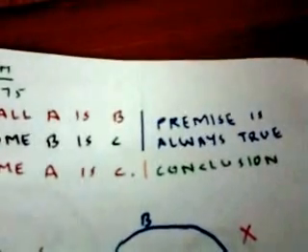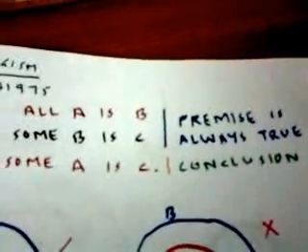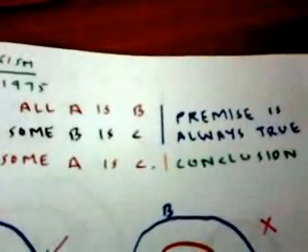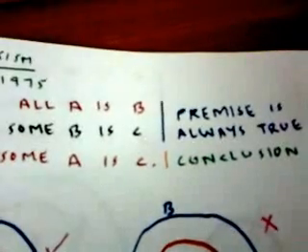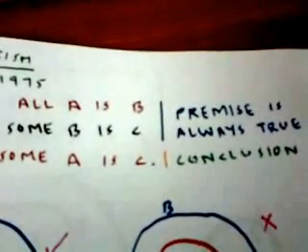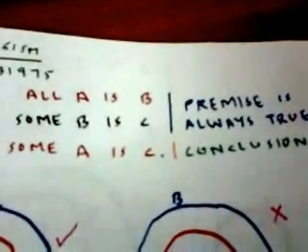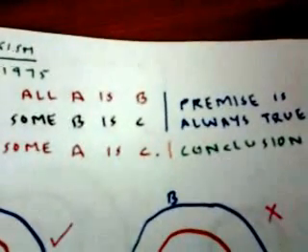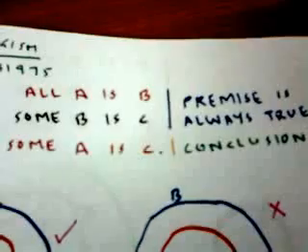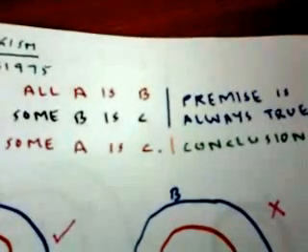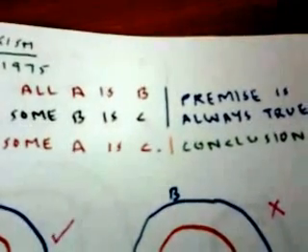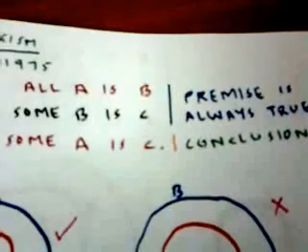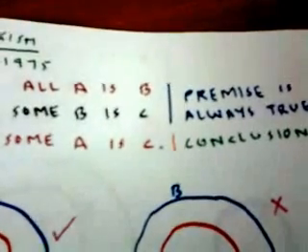So if we say all cats are dogs, we know it is not true, but for the purpose of syllogism, we have to consider it as true. Now based on the first two statements, we have to check whether the third statement, which is the conclusion, is true or not. And when we say true or not, we mean it has to be true in all situations.